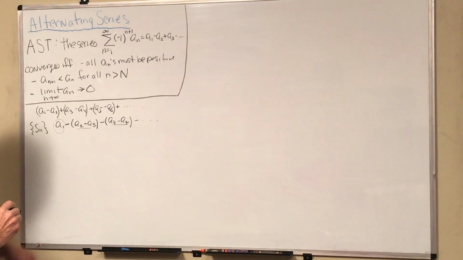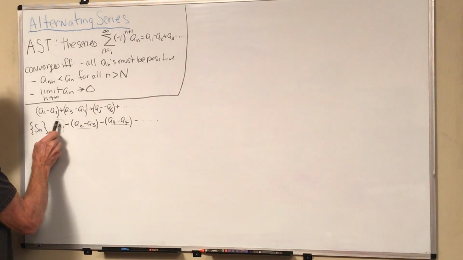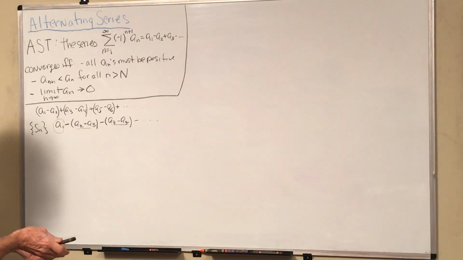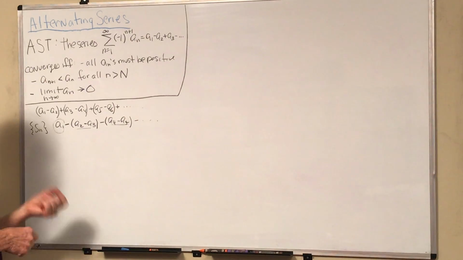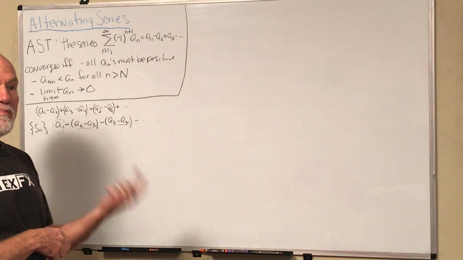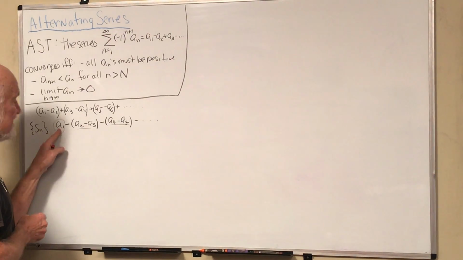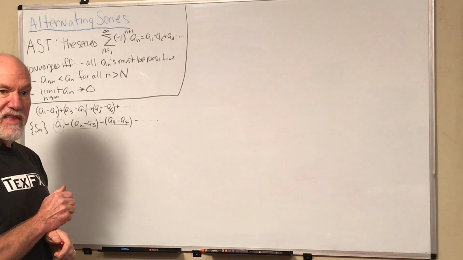So that means this sequence of partial sums is bounded above by a1. We know that the sum is less than a1. So because you have an increasing sequence that's bounded from above, we know that it has to converge. Not necessarily to a1. It probably won't converge to a1, but something a little bit less than that.